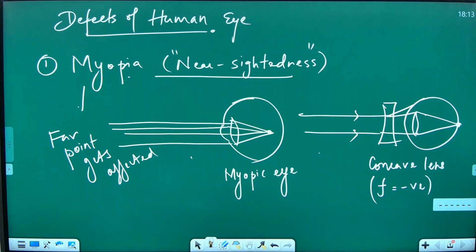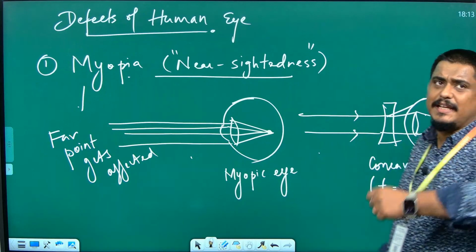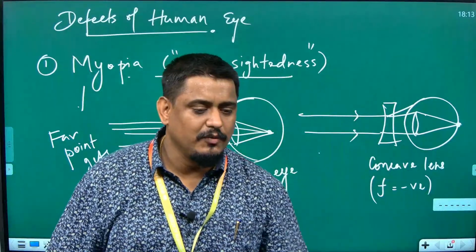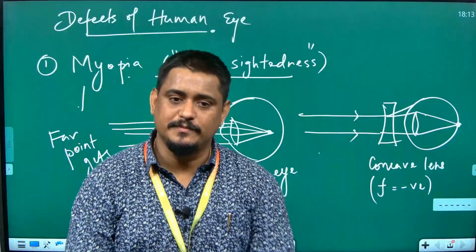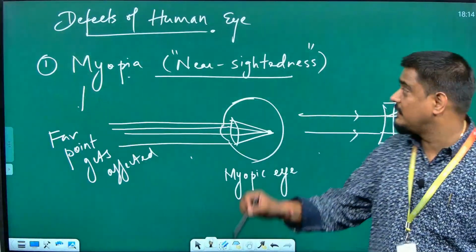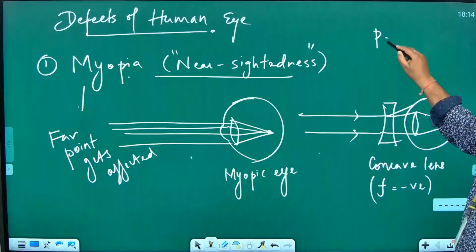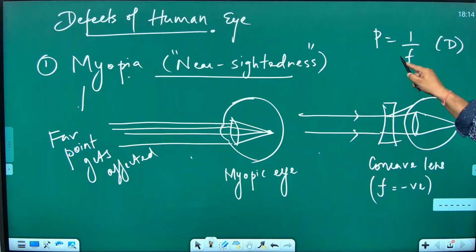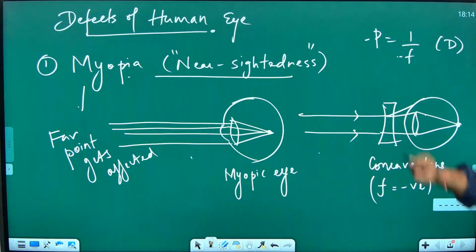If somebody says to you that I am wearing a glass which is having a power of minus 2D, now, what is power? I told you in the previous chapter. Power is the reciprocal of focal length. You know this or not? Power is the reciprocal of focal length, and what is its unit? Diopters. Capital D is called diopters. So, if F is negative, P will also be negative.